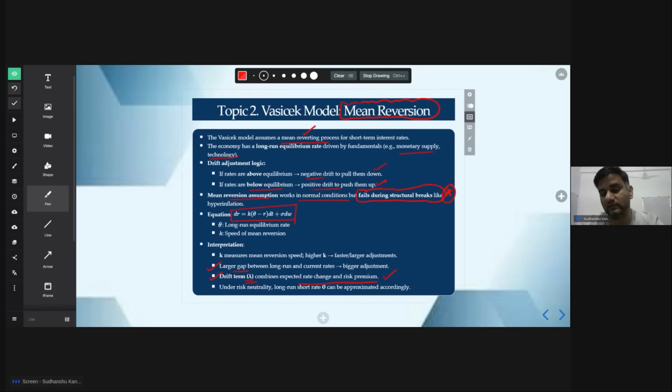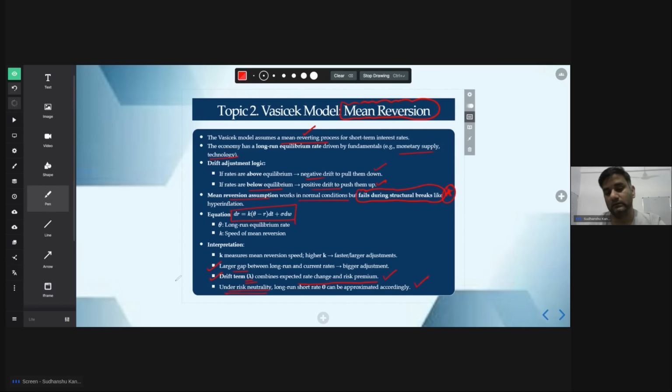When we incorporate a higher lambda, we should not only consider it for risk premium, but we should also say that it incorporates expected rate change. And then we talk about risk neutrality, which means that in pricing we replace theta, the long run equilibrium rate, with the risk neutral mean reversion level. Why do we do that? To ensure arbitrage free pricing.